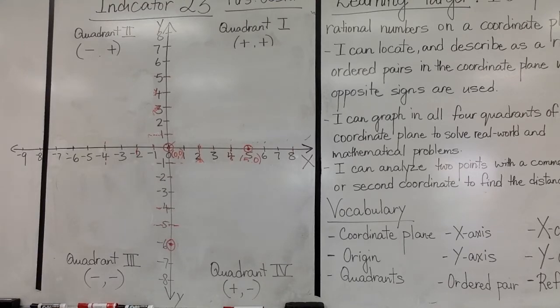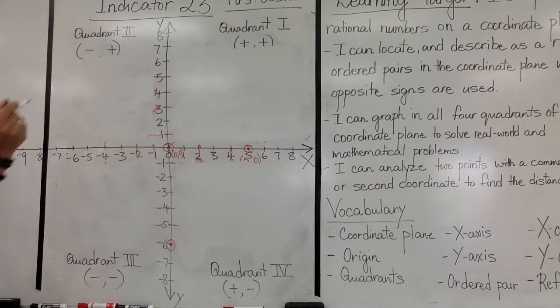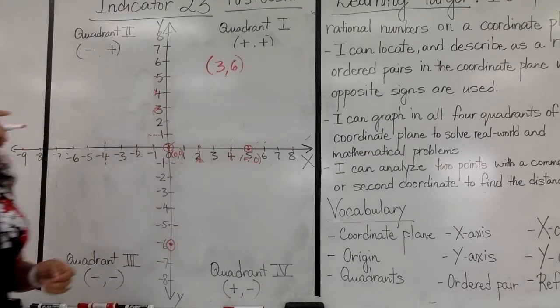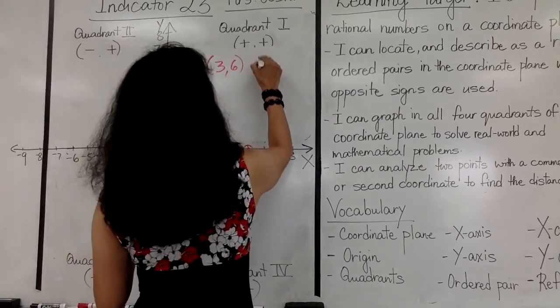Okay, so let's say how far apart are 3, 6 and negative 4, 6.